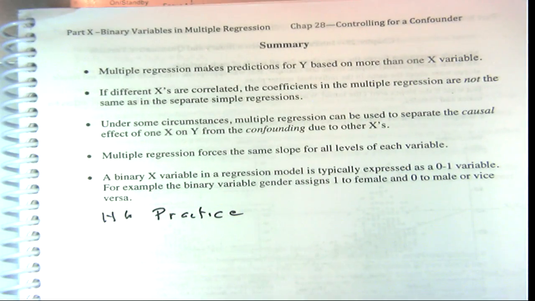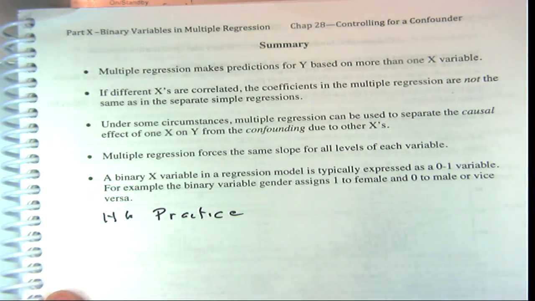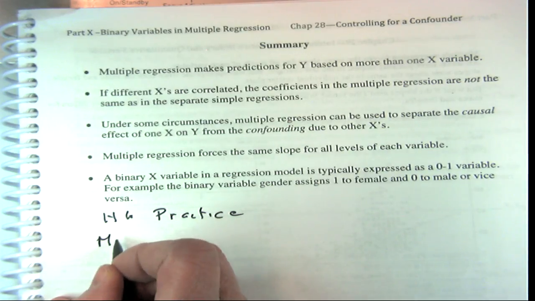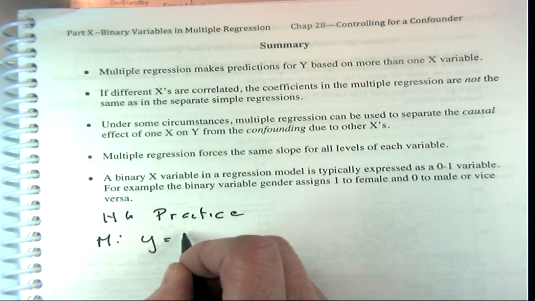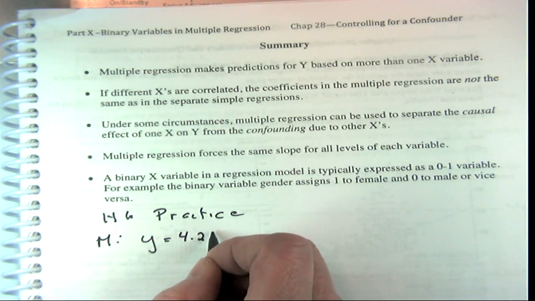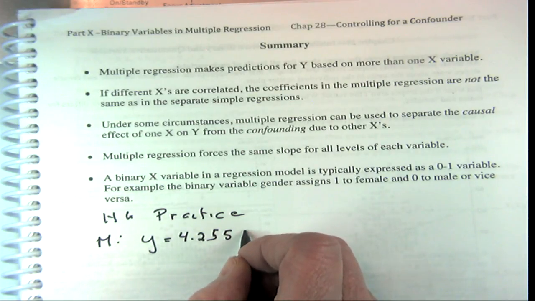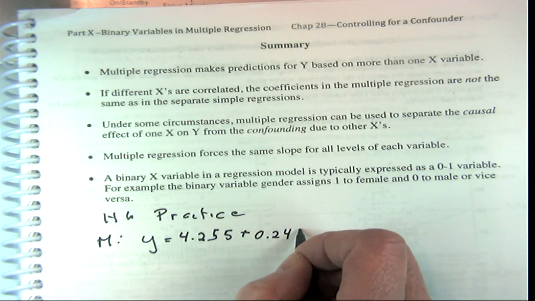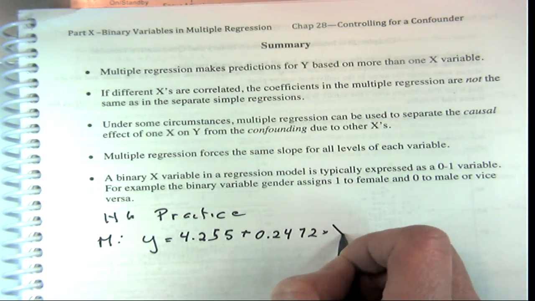So why don't I give you those two stratified equations and see how you would come up with that multiple one. So here are two stratified equations. For males, we have 4.255 plus 0.2472 times shoe size, so that's times x.